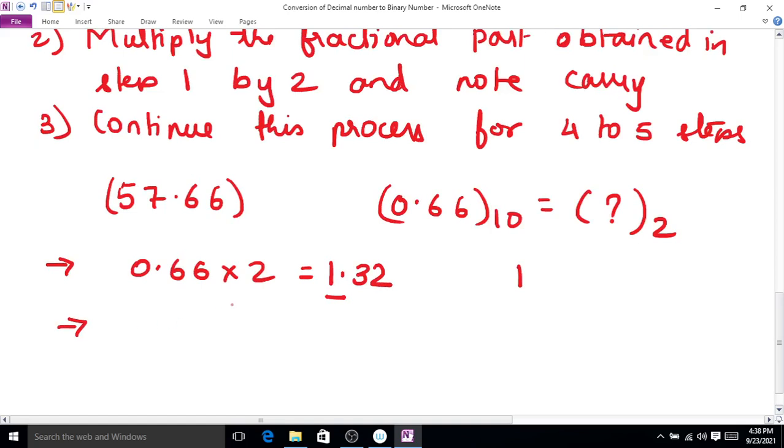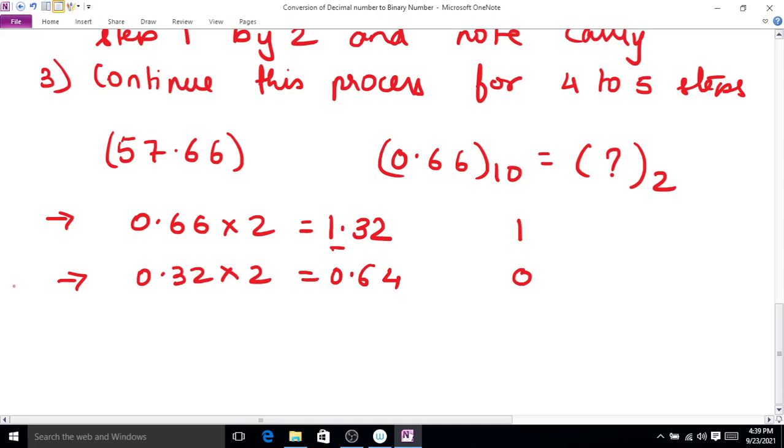Again we have to consider the fractional part over here. So it will be 0.32 multiplied by 2. We are going to discard this carry 1 over here, and then we will get 0.64. So here carry will be 0, or the integer part is 0. We note it down on right hand side. So again 0.64 multiplied by 2, we will get 1.28.